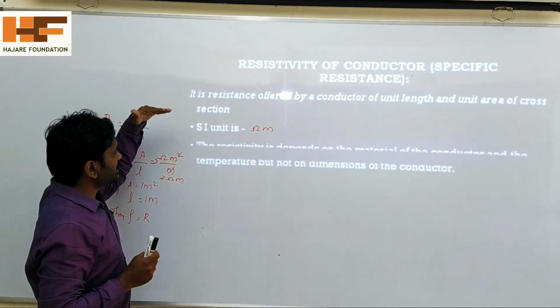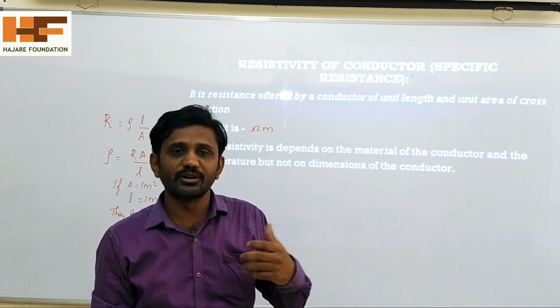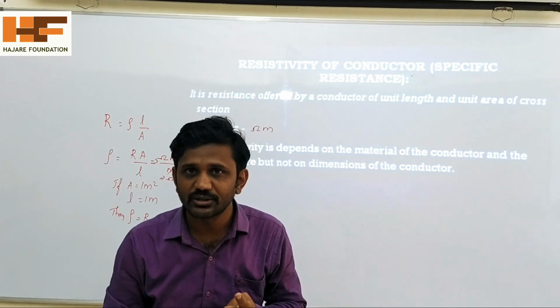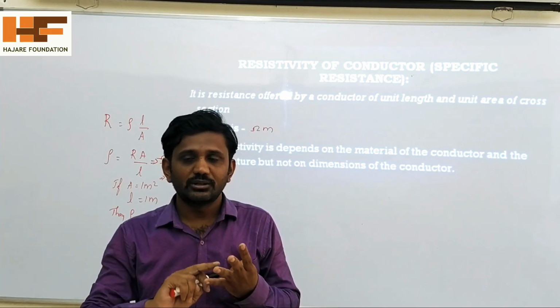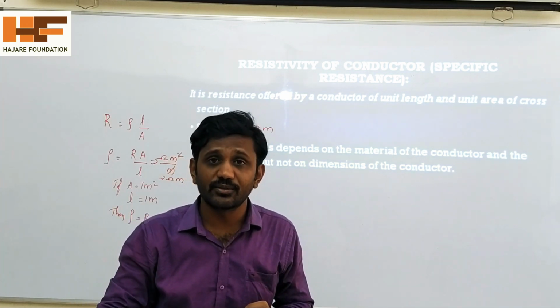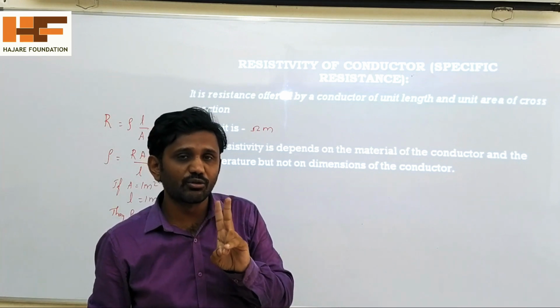Then on which factors does this electrical resistivity depend? Already we know that the resistance of a conductor depends on 4 factors: temperature, nature of the material, length and area of cross section. But resistivity depends on only 2 factors.